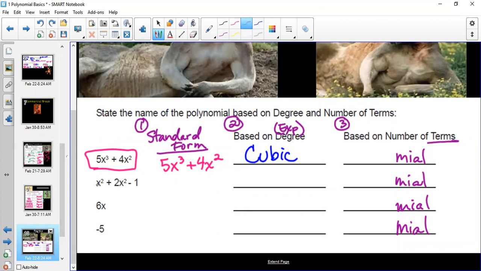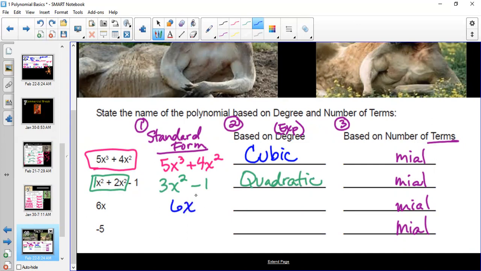All right, so the second one, notice we have 2 of them that are x squared, so I need to combine them. 1x squared plus 2x squared is 3x squared, and I still have a -1. And if I name this one based upon its degree, its highest exponent is 2. This is the hardest one. It is a quadratic. It's that U-shaped graph. All right, number 3 here, it is just 6x.